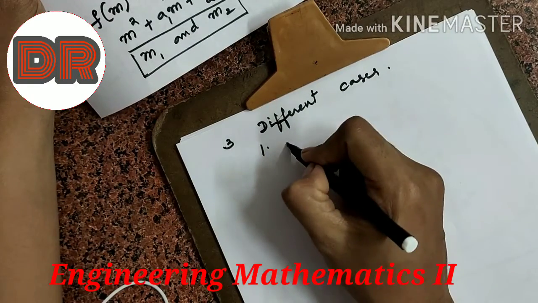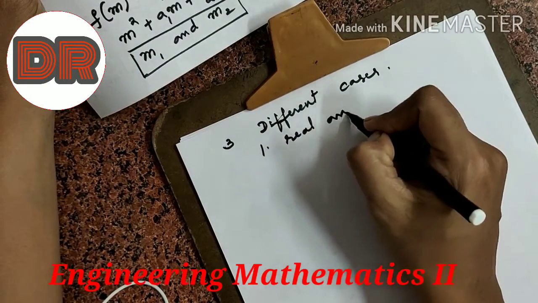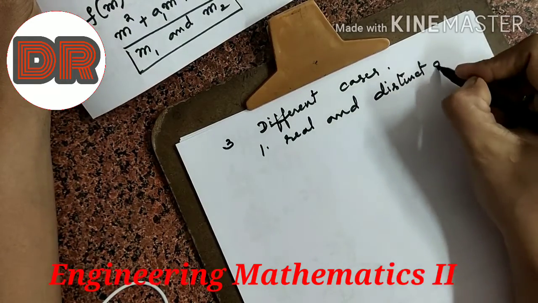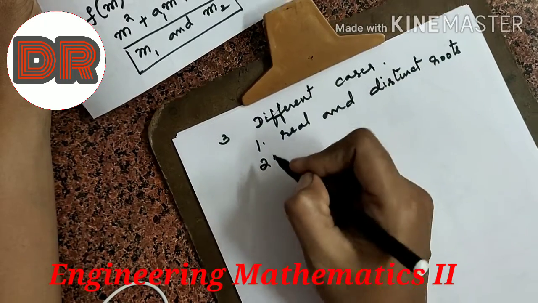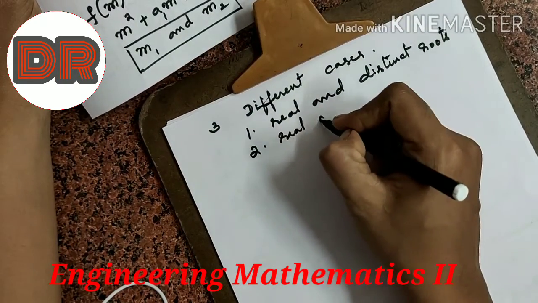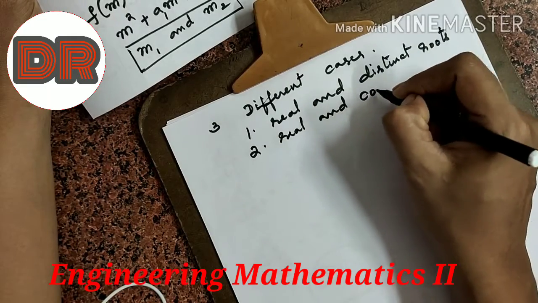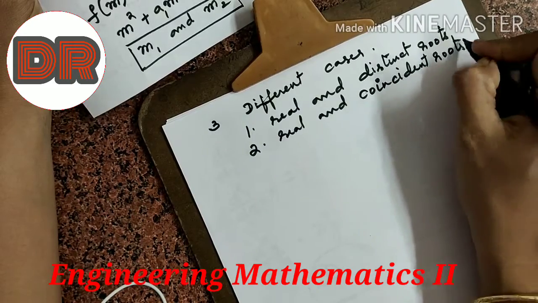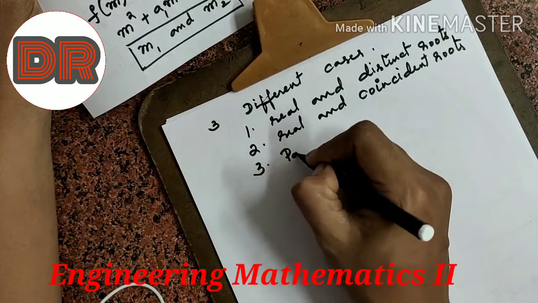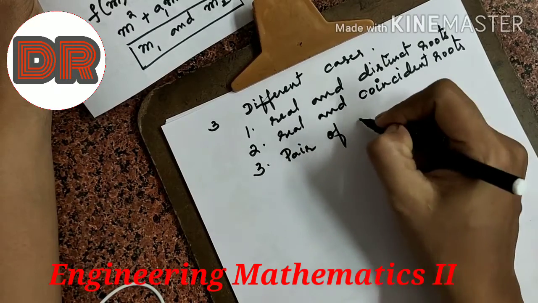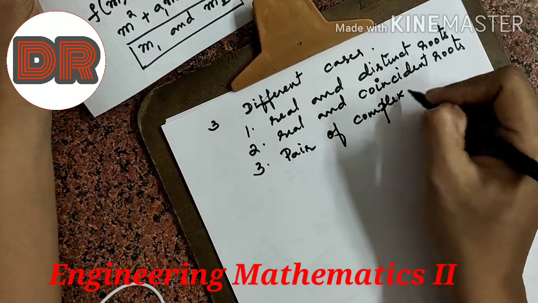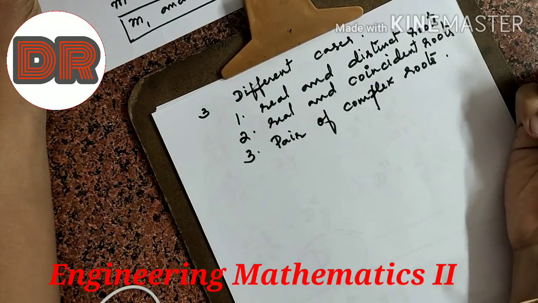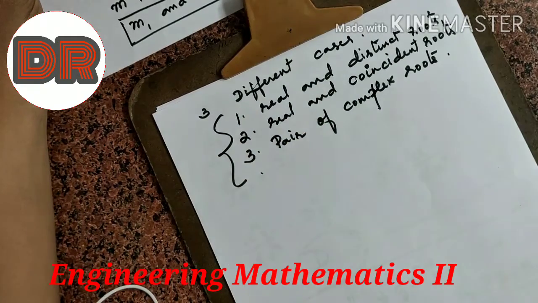First one is real and distinct roots. Second one is real and same, real and similar, or real and coincident roots. And the third one is a pair of complex roots. So these are the possibilities when we find roots of a quadratic equation. We'll see these three cases one by one.